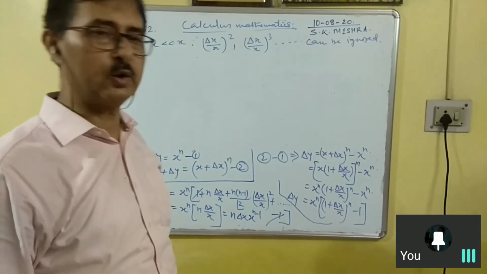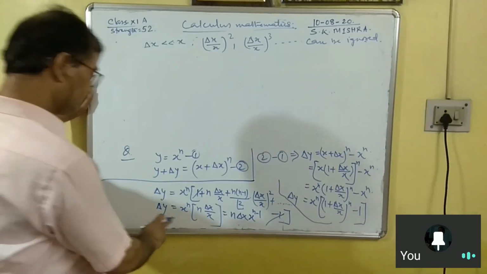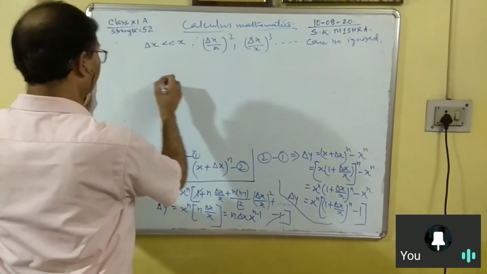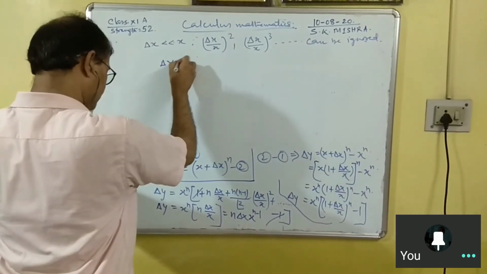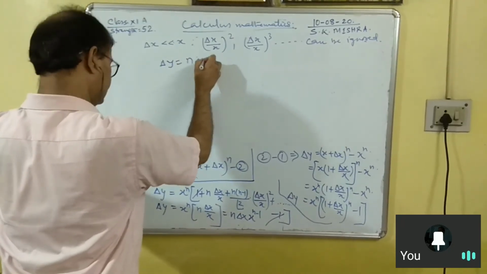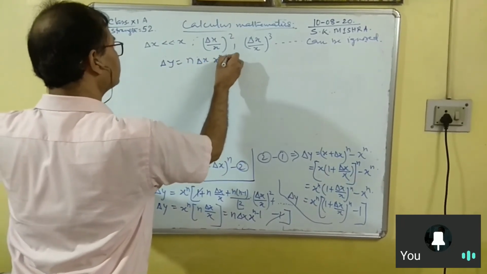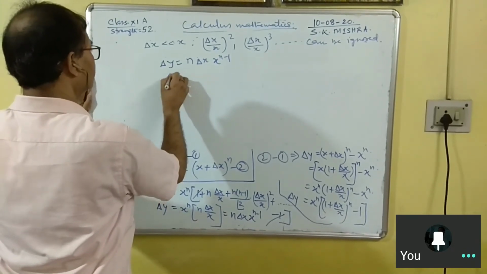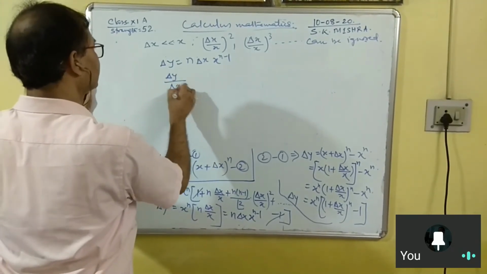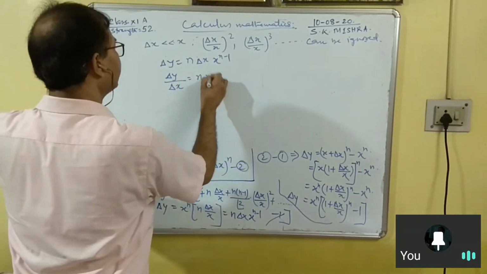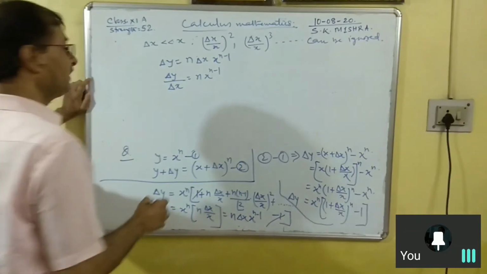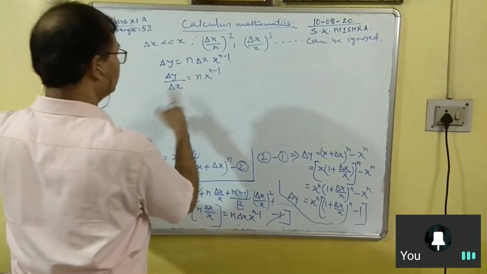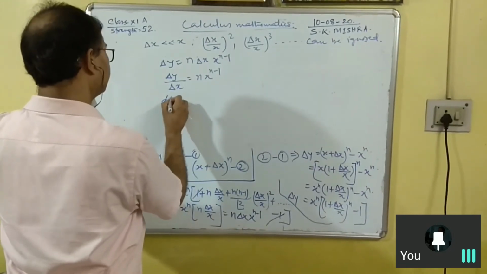Okay. So finally you are getting del y is equal to n del x, x raised to n minus 1. Now divide both sides by del x. So delta y by delta x, how much is it? n x raised to n minus 1. Now take the limit. Taking the limit on both sides, that is LT, limit.